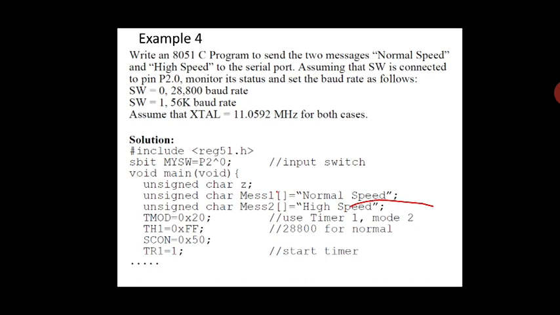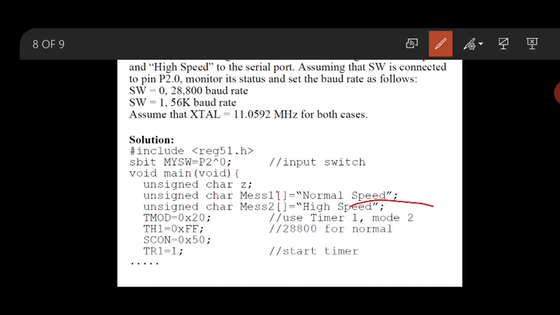Like this: N at the 0th location, then 1, 2, 3. What is stored in 3? M is stored. 4, A is stored. 5, L is stored. 6, space, then 7, 8, 9, 10, 11 and 12. Like this, the 12 characters will get stored here.